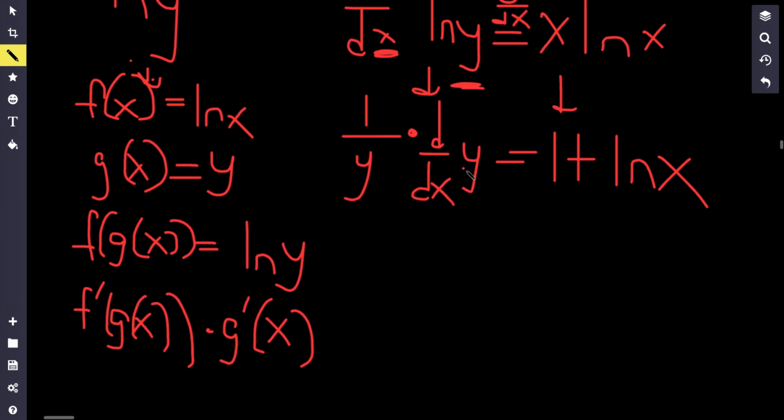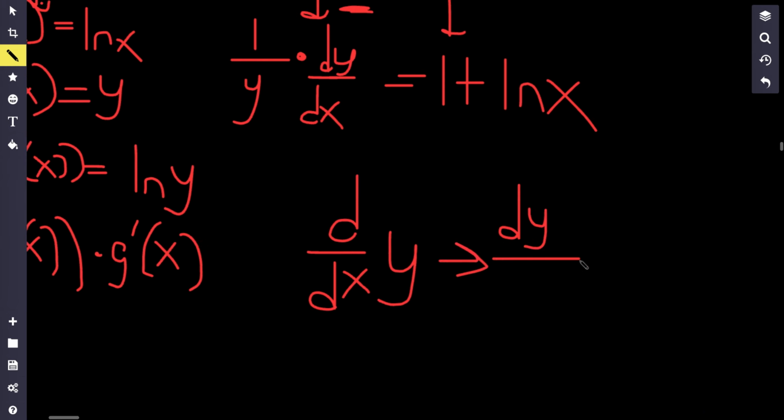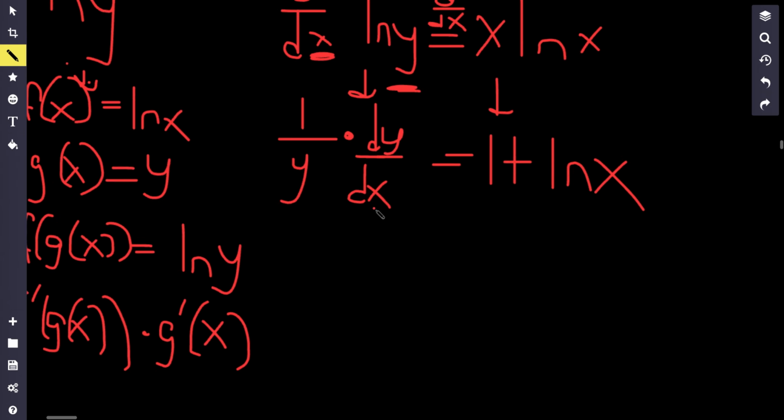So we're trying to find the derivative of y. Well, that's just going to be dy over dx, right? The derivative of y with respect to x is just going to be dy over dx.